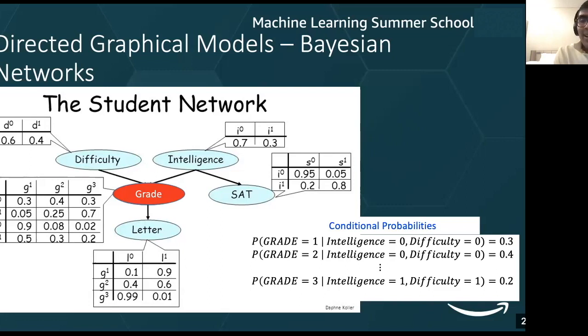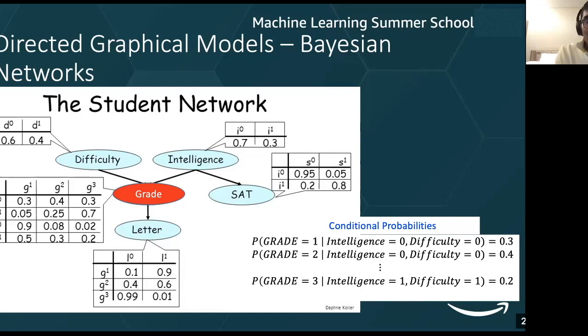So when you start enumerating the conditional distribution of grade, you will have to account for all possible combinations of difficulty and intelligence. Difficulty takes on two possible values, intelligence takes on two possible values. So the total number of enumerations in this case happens to be 4. And that is I0 D0, I0 D1, I1 D0, and I1 D1, right?